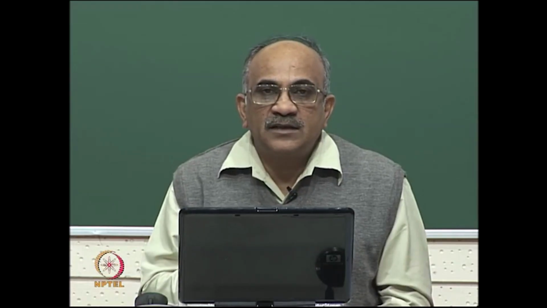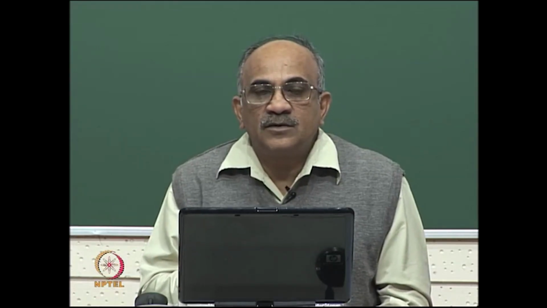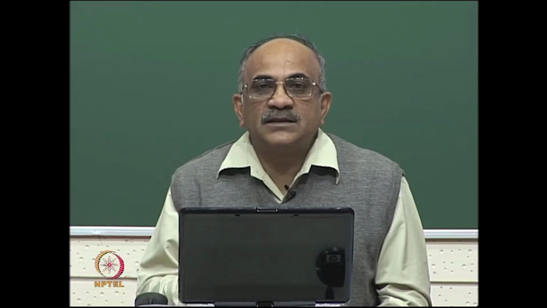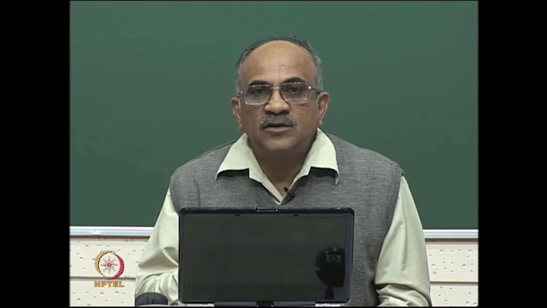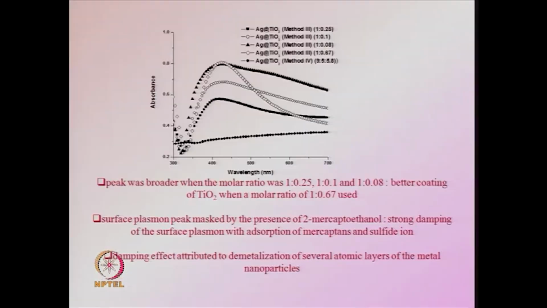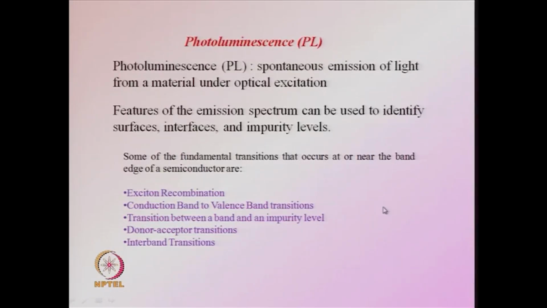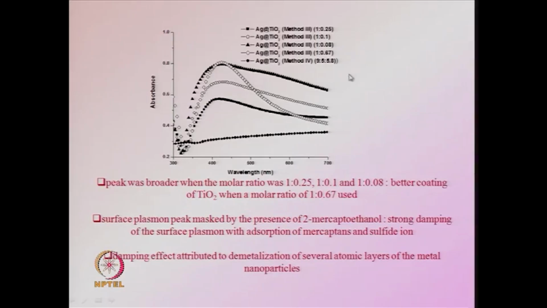The shift in the wavelength from 395 to higher wavelengths can be modified by changing the thickness and uniformity of the shell. So, this is another detailed plot where you are seeing that different compositions of silver to titania have been used, and their surface plasmon bands have been studied.